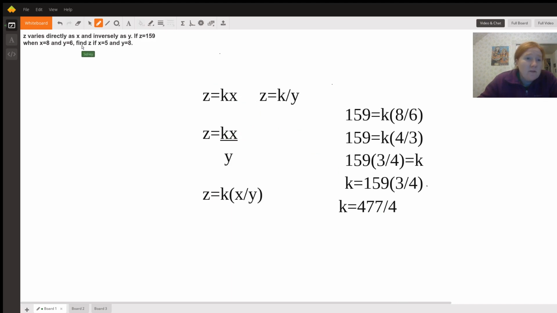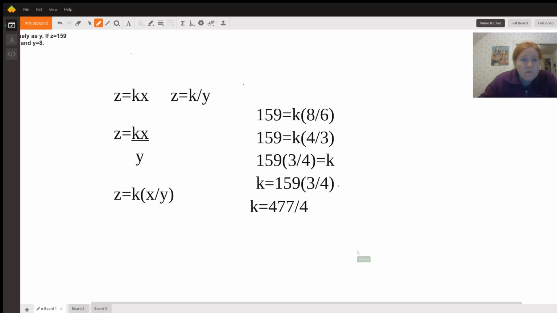Now we get to do this last part here. Find Z if X equals 5 and Y equals 8. So now we will write our equation, our equation way back here with our K substituted in. Z equals, now we know what K is, 477 divided by 4, but I'll sort everything in the numerator first.